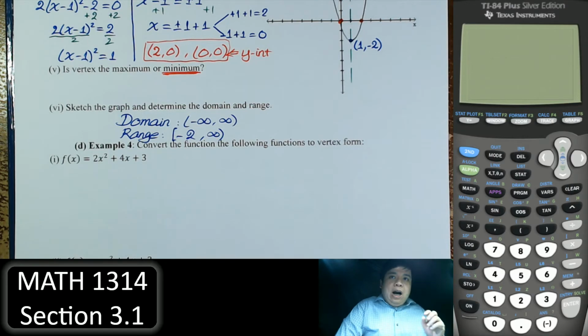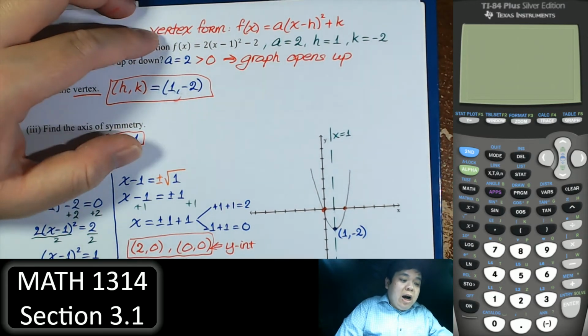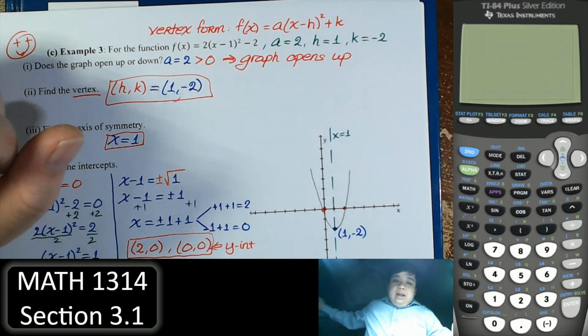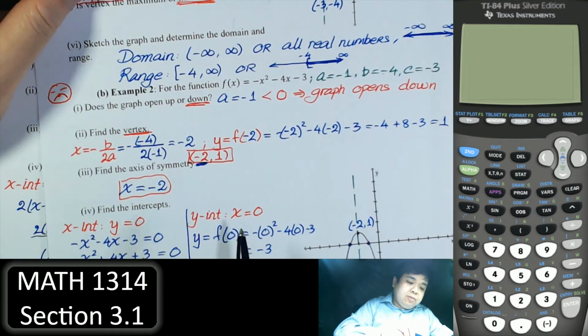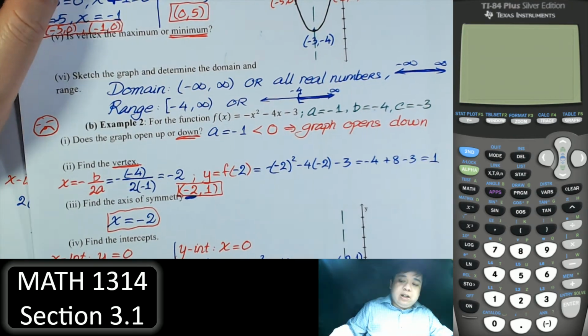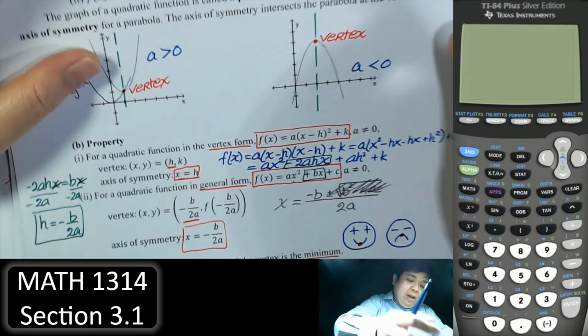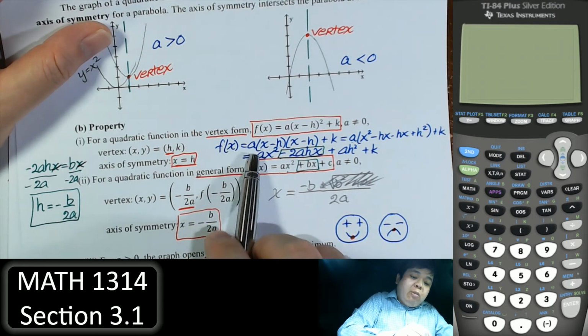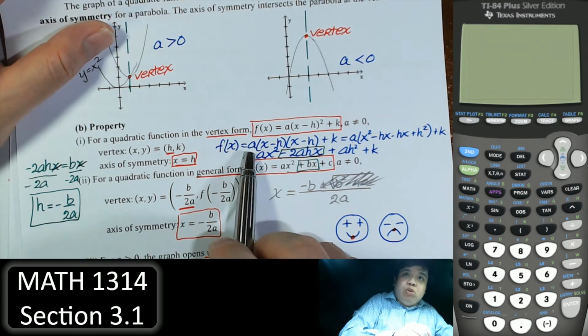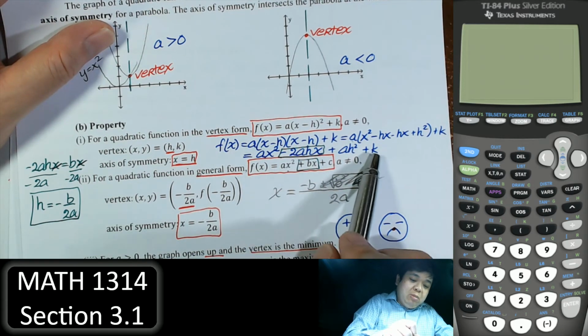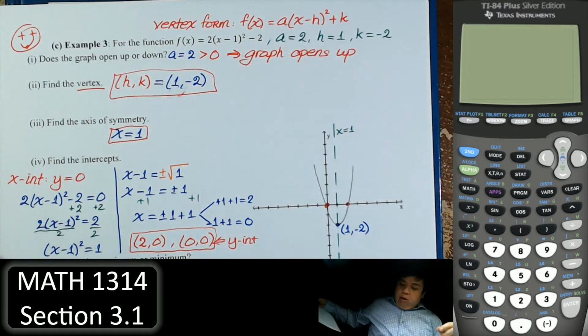So when in the vertex form, we have the vertex. When it is in the general form, of course we can also find the vertex. From the vertex form, if we want to change to general form, we just multiply it out, and when we simplify, we have the general form.